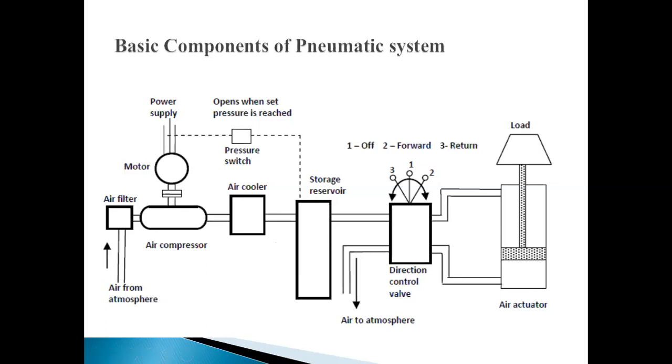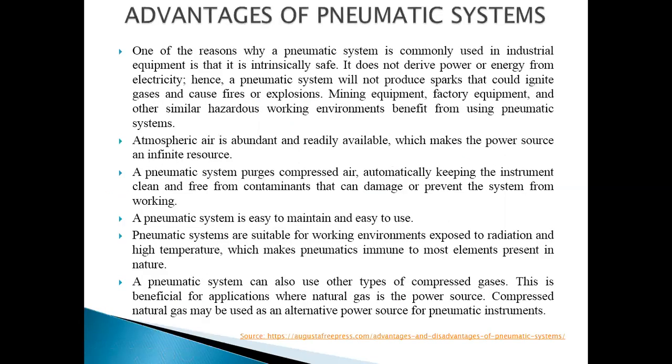Now there are various advantages of the pneumatic system which make it economical and useful for our purpose. One of the main reasons why a pneumatic system is mostly used in industrial equipment is that it is very safe. There is no oil, so it is very safe.